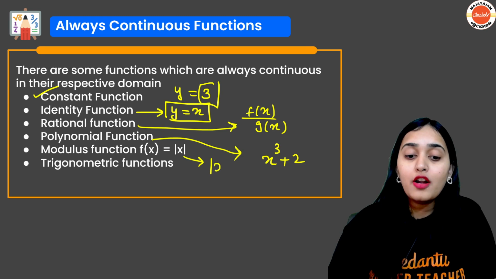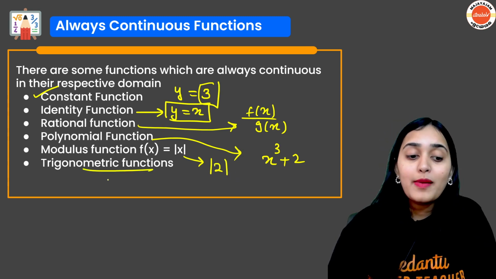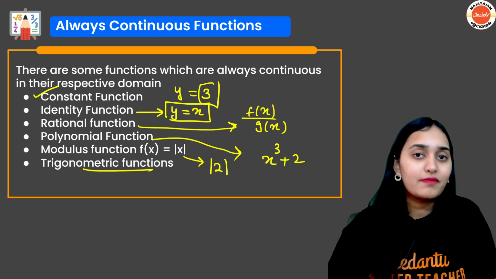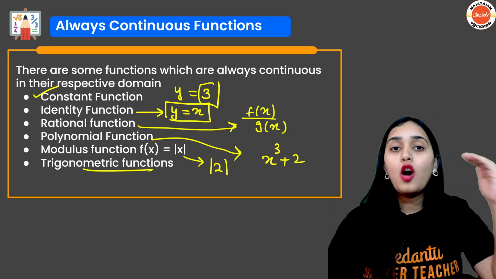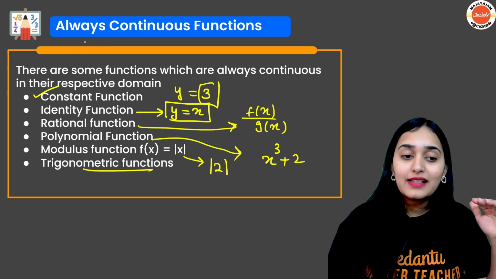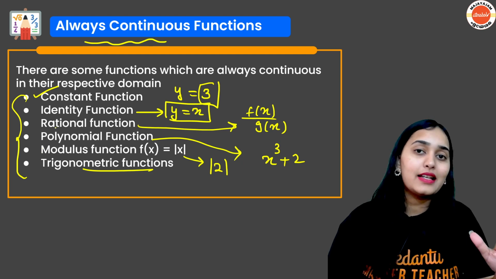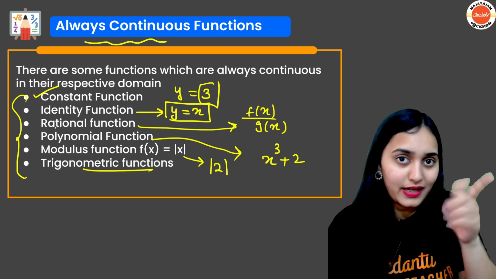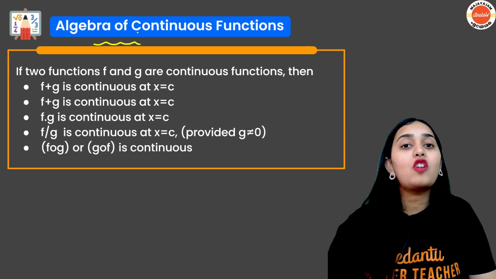Modulus function, mod of 2, mod of minus 2, always continuous. Trigonometric functions like sin x, cos x, are always continuous functions. Remember, okay? So all these functions are always continuous. If they ask you in the exam, you can directly say they are continuous. No need to check. Just memorize. Okay? Next, the algebra of continuous functions is also continuous.